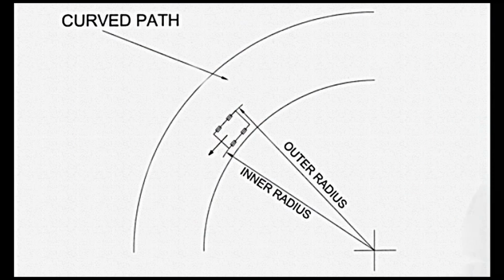Inner wheels which are traversing a smaller arc are moving through a smaller distance as compared to the outer wheels which are moving on the outer arc with bigger radius. Inner and outer wheels are required to move together because they are the part of the single body. Therefore, obviously, to cover different distance, one is covering more distance, another is covering lesser distance in the same time, the speeds of the inner and outer wheels will not be same.